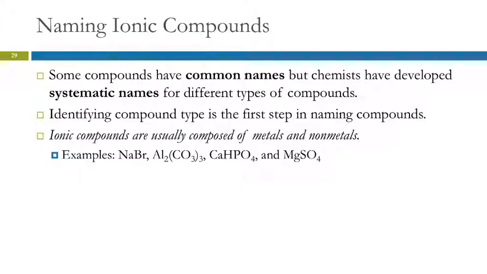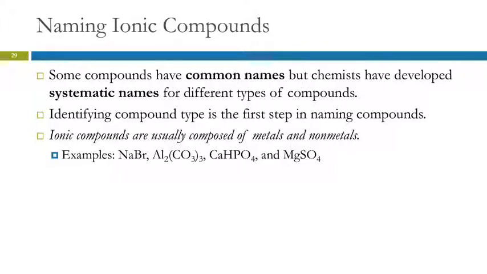So naming ionic compounds. Some compounds have common names, but all compounds also have a systematic name. And so, sodium chloride is its systematic name. Its common name is salt or table salt, right? We're going to learn how to write the systematic names for different compounds. You have to identify the type of compound.